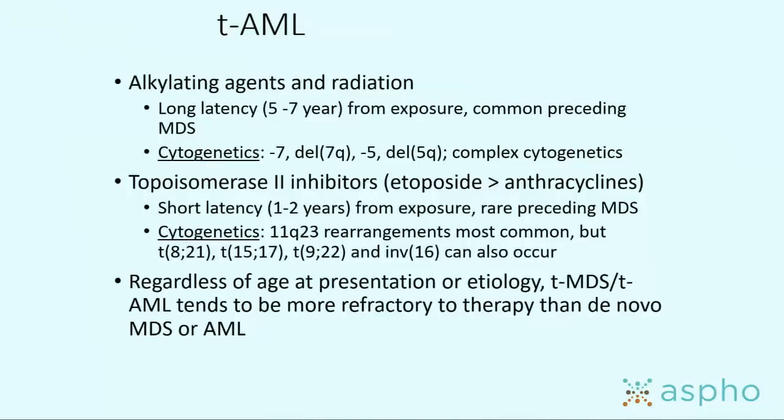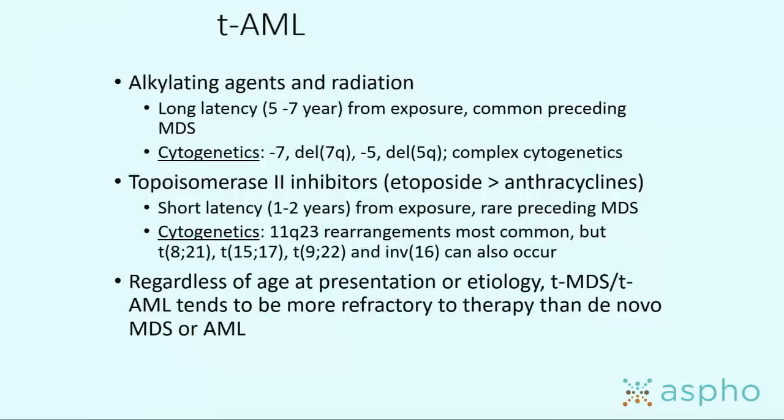When these exposures cause myeloid malignancy as a therapy-related problem, there's typically a very long latency between the exposure and the onset of disease, and the genetic abnormalities in the leukemias are characteristically those that are listed here. These are typically high-risk MDS-related abnormalities like monosomy 7, 5q-, those sorts of things, in complex cytogenetics.